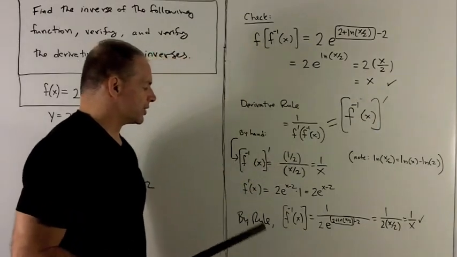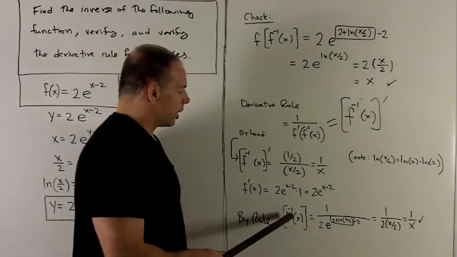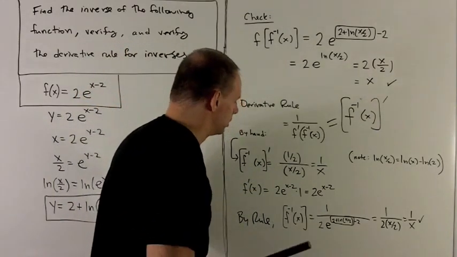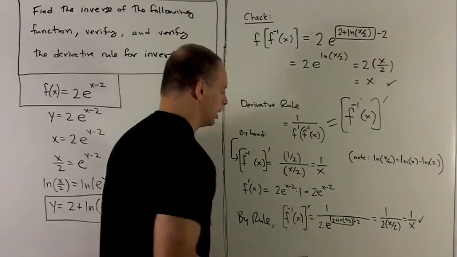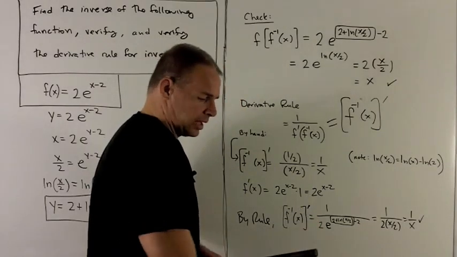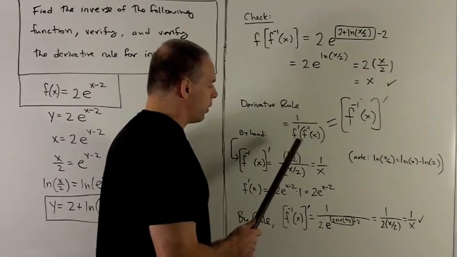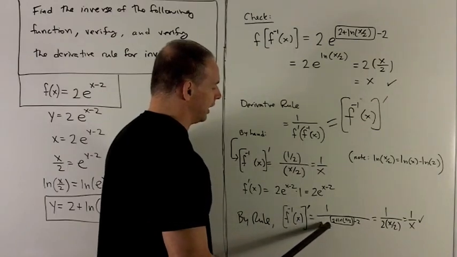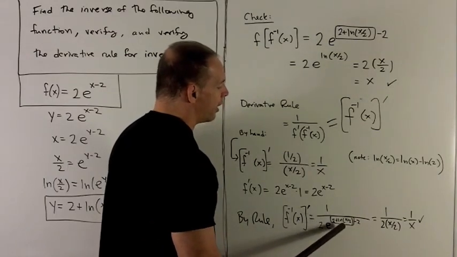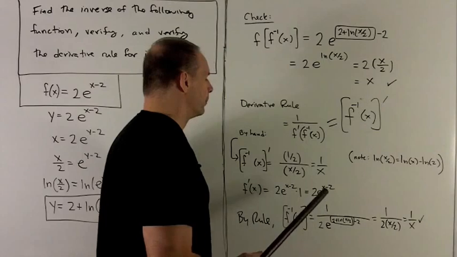Now let's see what the rule does. So our first step is to take f prime and flip it over. So I'm going to have 1 over 2e to the u, where u is x minus 2.